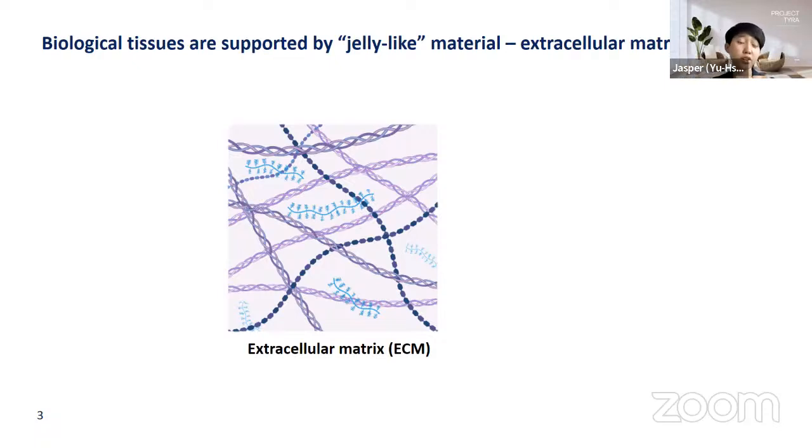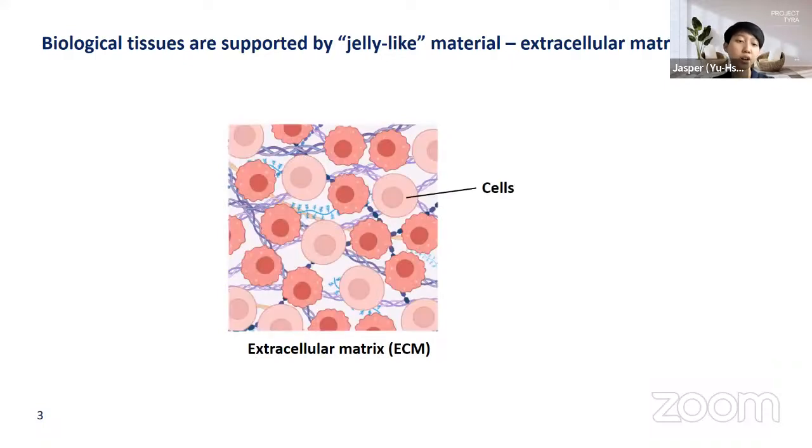This extracellular matrix contains collagens, laminin that you might have heard of in cosmetic products. But essentially, those are protein polymers that provide structural support for cells to grow in 3D manners.